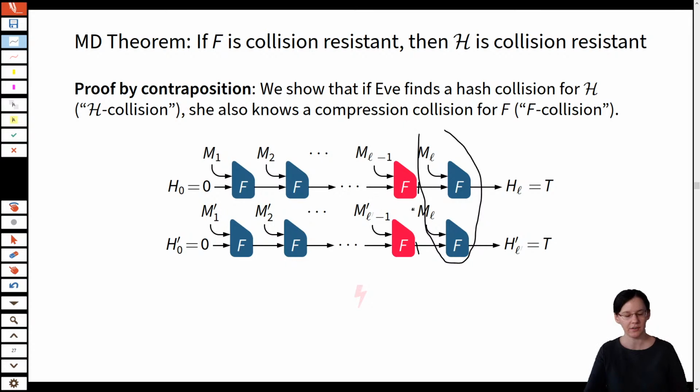So now we can repeat the same procedure with the second to last blocks. We now again have the situation that we have identical outputs, and we can again do a distinction of the cases.